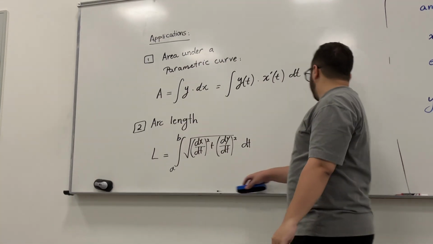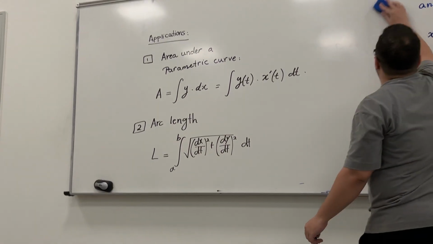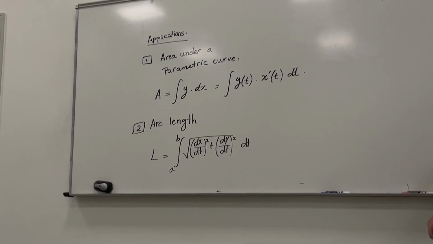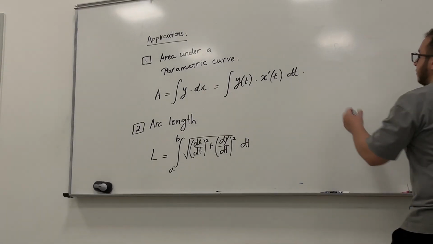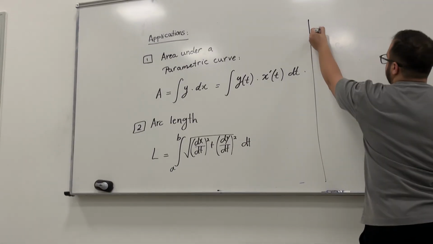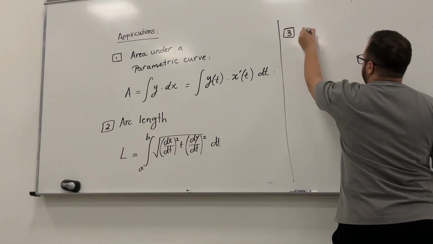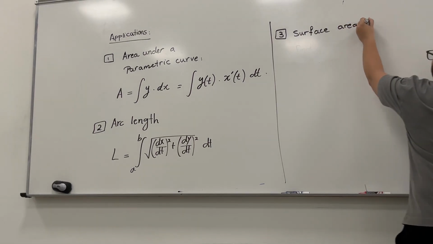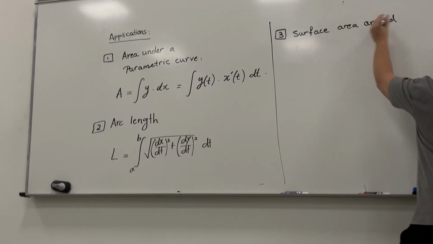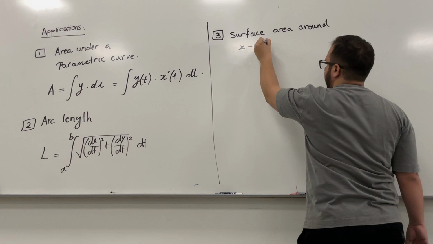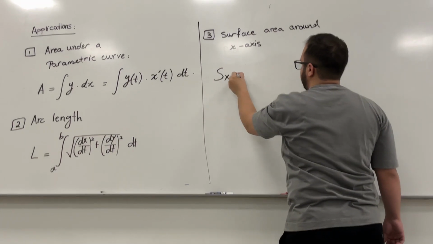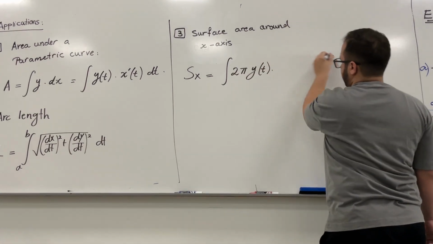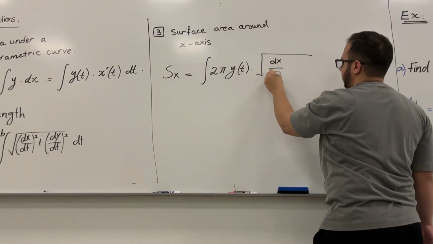Okay. And then I have the third application, surface area around the x-axis: Sx equals integration of 2 pi y of t multiplied by the arc length element.